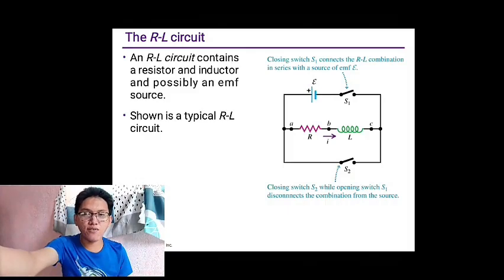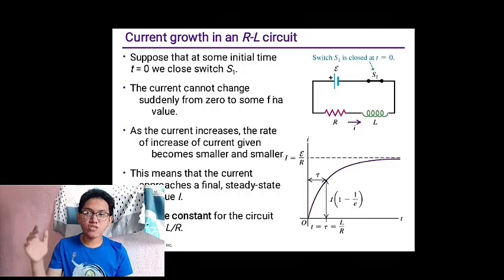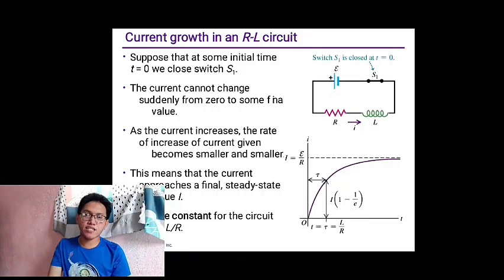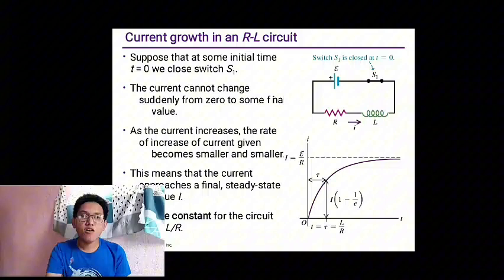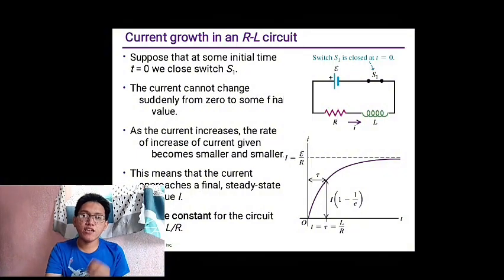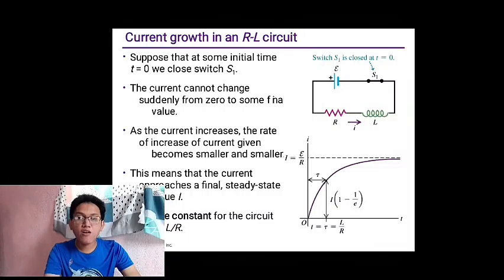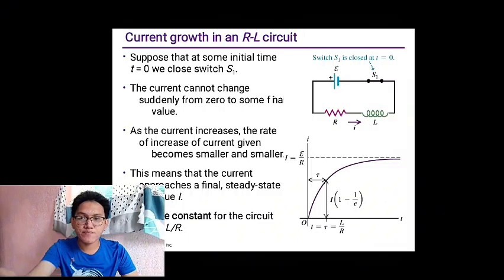So the current grows in an RL circuit: the current gradually increases and approaches a final steady value. So I, the current, is equal to the electromotive force over the resistance. The time constant of an RL circuit is given by tau equal to L over R. Okay?